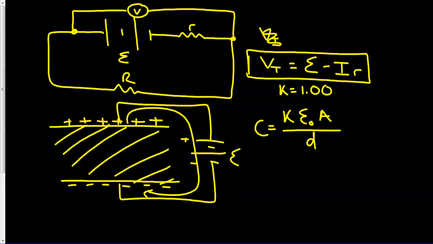So as the area goes up, we're introducing more space to hold that charge, to store that charge, and as the distance between the two goes up, we see that the capacitance goes down.